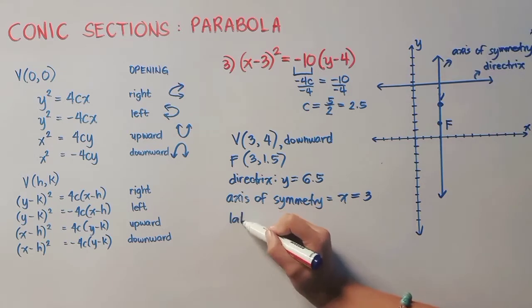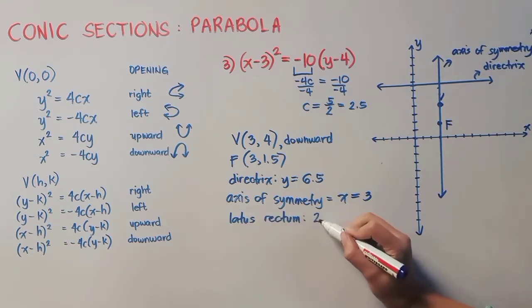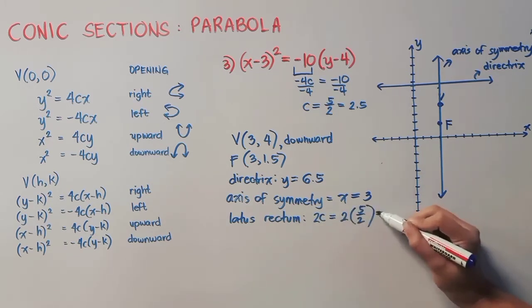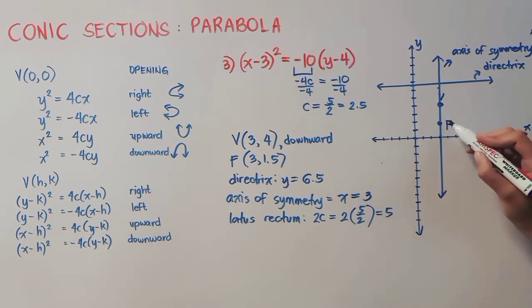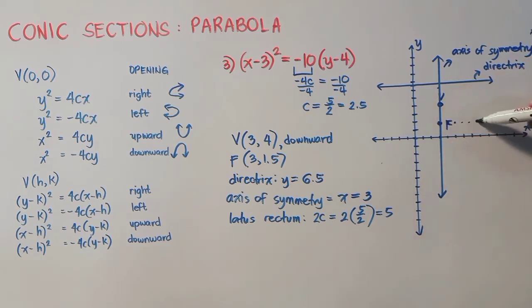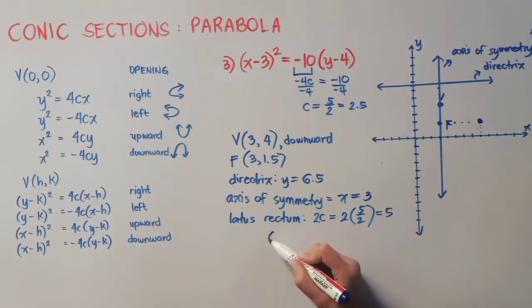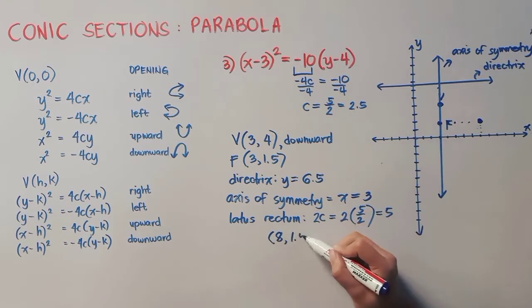Next is our latus rectum. Again, it is in the formula 4c, but we will just use 2c to get half of it. So that's 2 times 5 over 2 is 5. Now you have to count 5 units from the focus. 1, 2, 3, 4, 5. So this point is 8, positive 1.5.